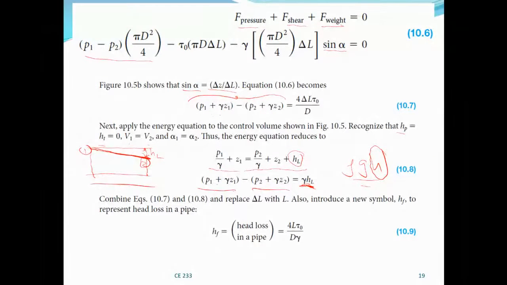Once we substitute, we make it the subject of the formula, and introduce a new symbol HF because this is the major head loss, which is the frictional head loss, or head loss due to friction. We have HF equals 4L tau naught over D gamma. So head loss in pipe.